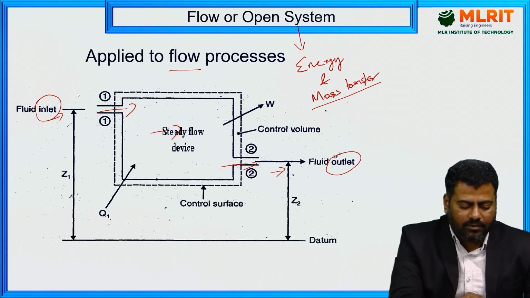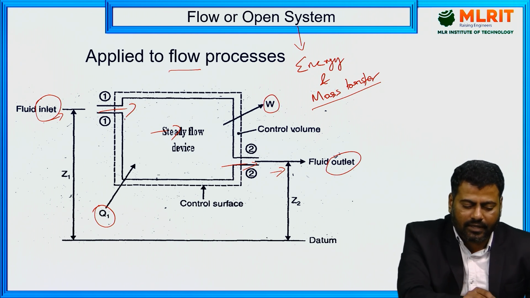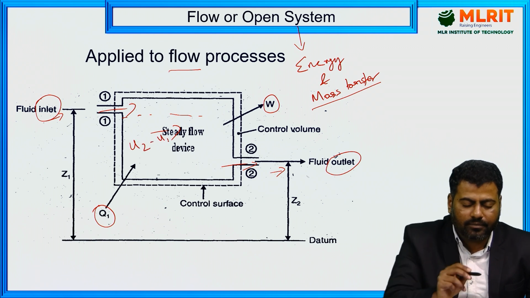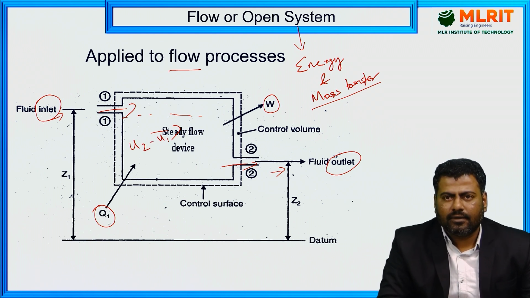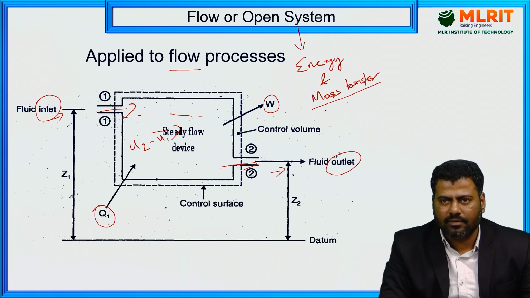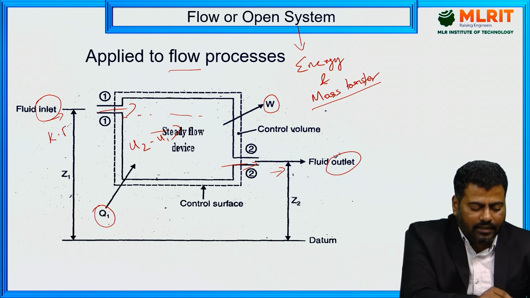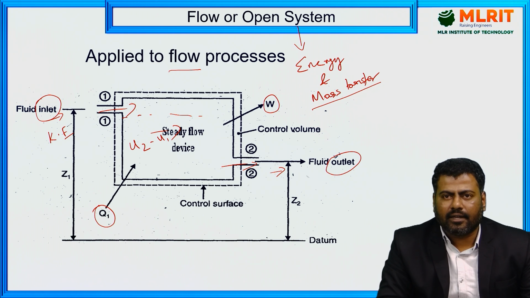For example, with respect to the flow system we have Q, and we have considered W and the internal energy change, U2 minus U1. That is only applicable for the closed system. Whereas in the open system, in addition to this energy, I need to consider the inlet kinetic energy.